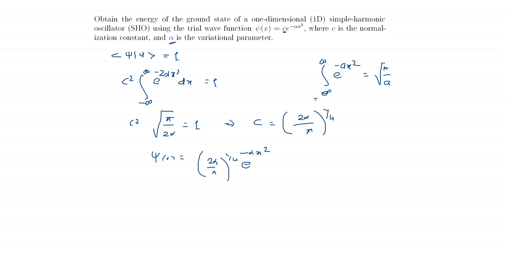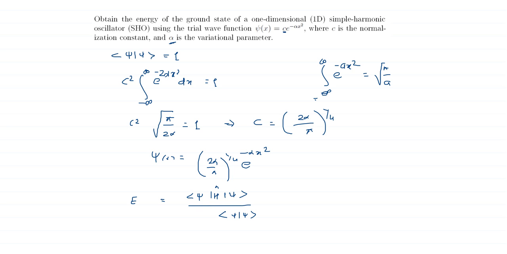As I already told you, we need to obtain E. That E is nothing but the expectation value of the Hamiltonian operator. Of course, if the wave function is not normalized we have to include a normalization factor, but this is equal to 1.